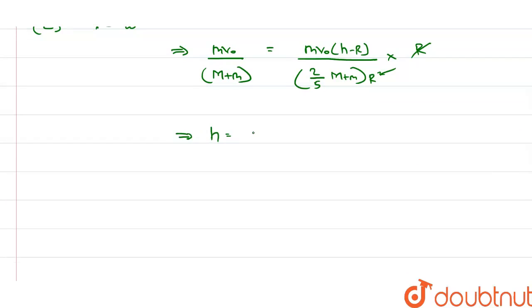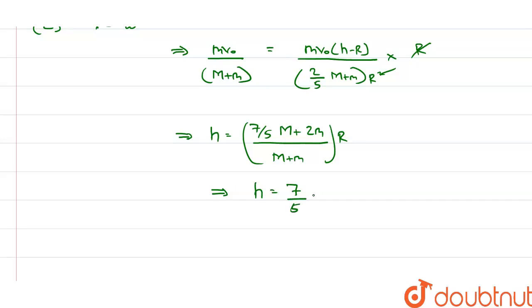h is equal to 7 upon 5 capital M plus 2 into small m divided by capital M plus small m, into R. This implies h is equal to 7 by 5 into capital R. This is the value of h for which after collision the sphere undergoes pure rolling.